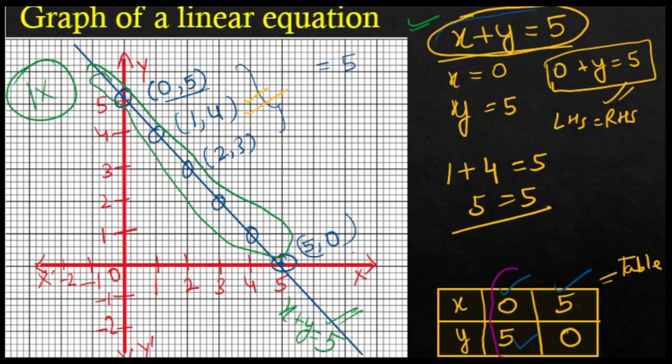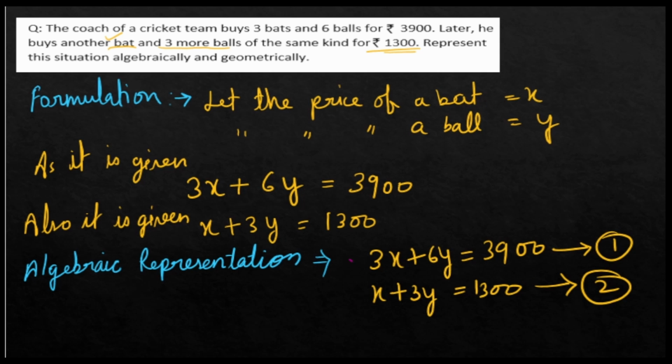That means we have to find 2 solutions of each equation, as I explained earlier in the basics, where we found 2 solutions for a linear equation to draw the blue line on the graph. Same here, we have to find 2 solutions for each equation, so we can draw the lines on the graph easily.